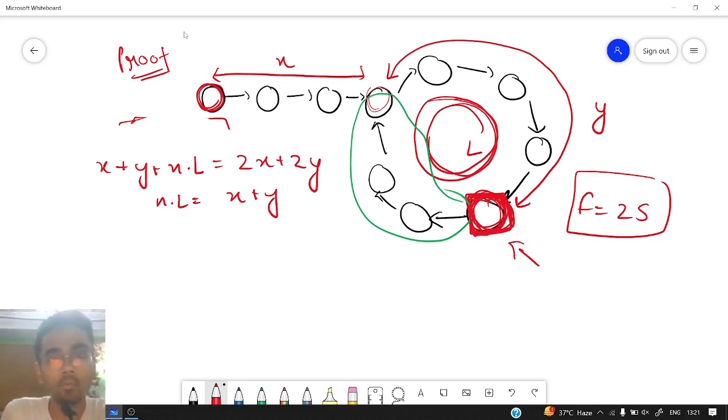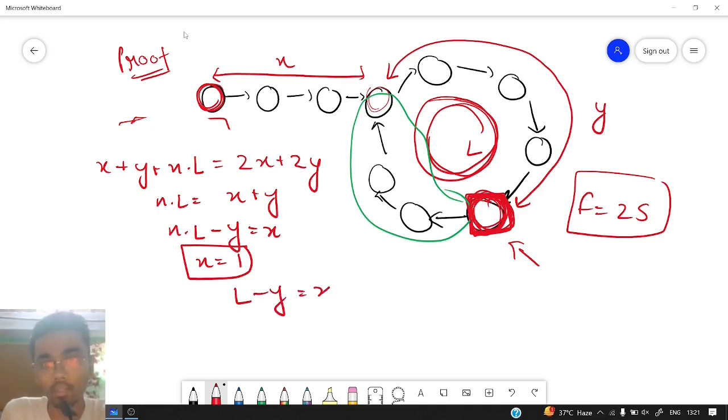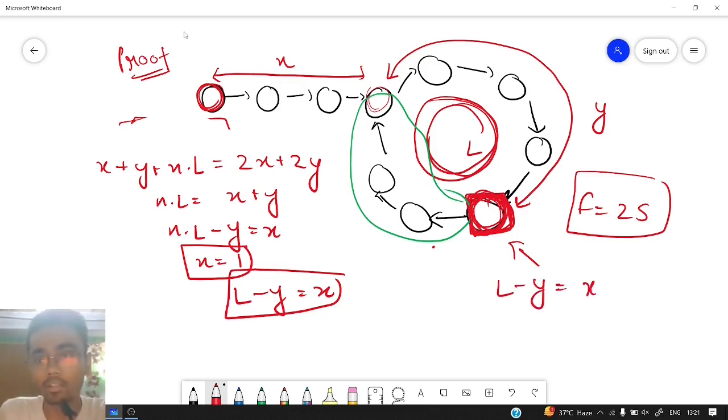And if we move y to the left hand side, we will get n dot L minus y equal to x. Now if we put n equal to 1 in this case, we will get L minus y equal to x. And this was what we need to prove. This x should be equal to this L minus y distance. So we needed to prove that x is equal to this distance, and we have proved that.